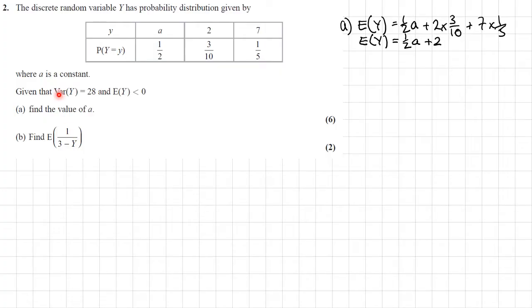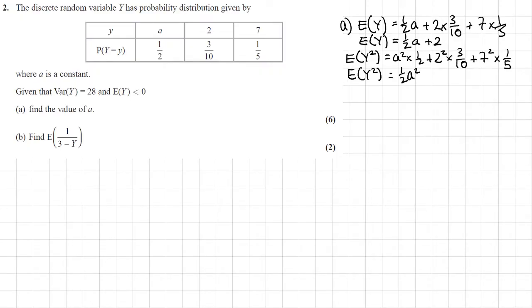Since we have the variance of y, we'll need E(y squared). So that will be a squared times 1/2, plus 2 squared times 3/10, plus 7 squared times 1/5. So that simplifies to E(y squared) is equal to 1/2 a squared plus 11.